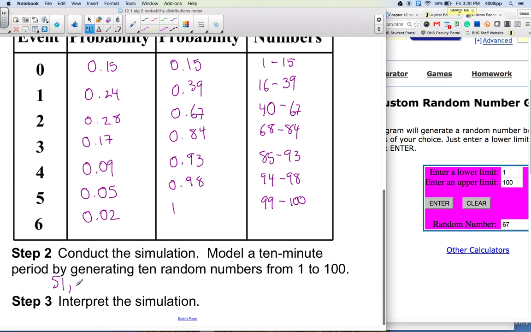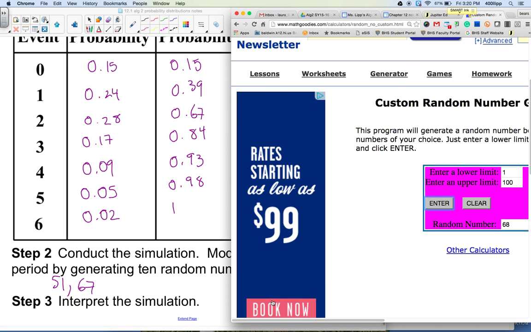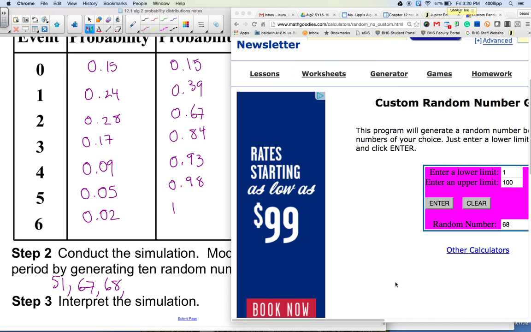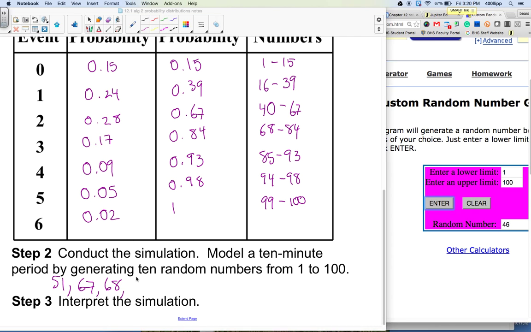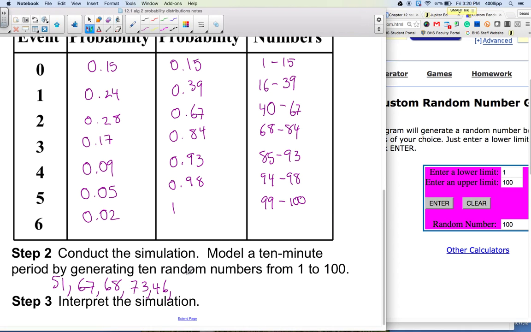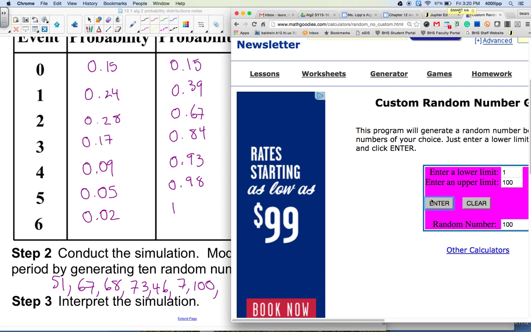67. 68. These are just all random numbers. 73, 46. 7, 100. 43, 88.